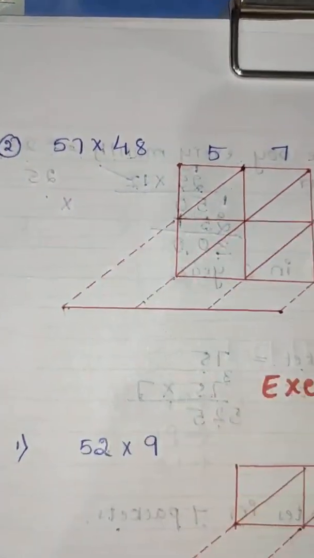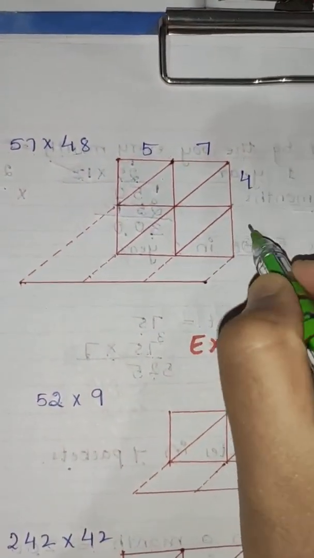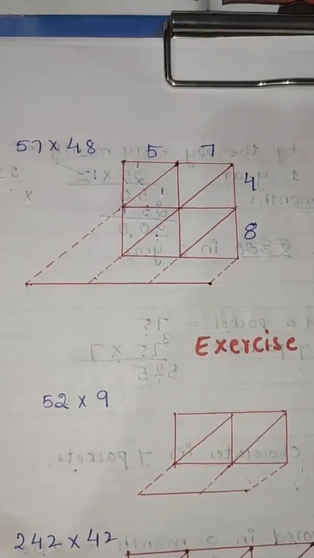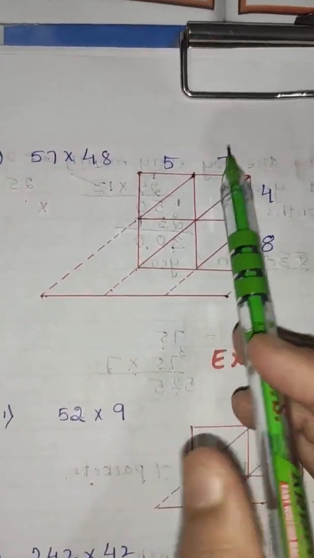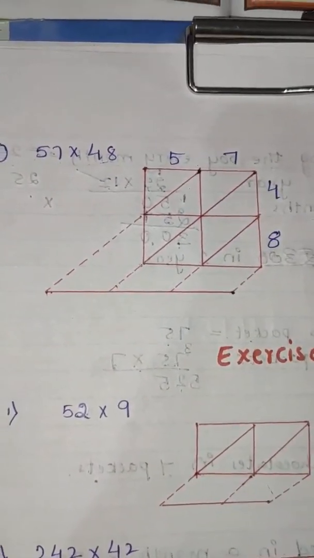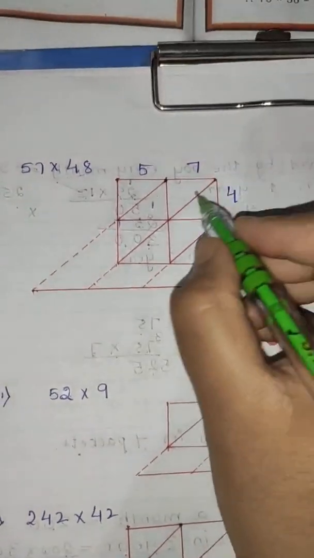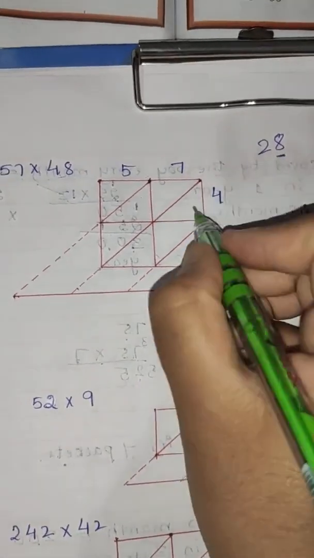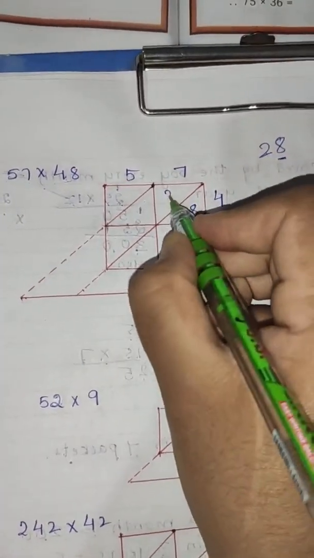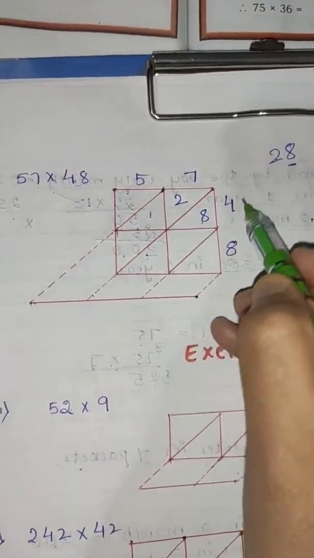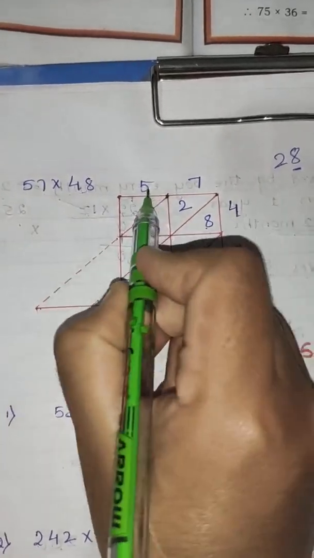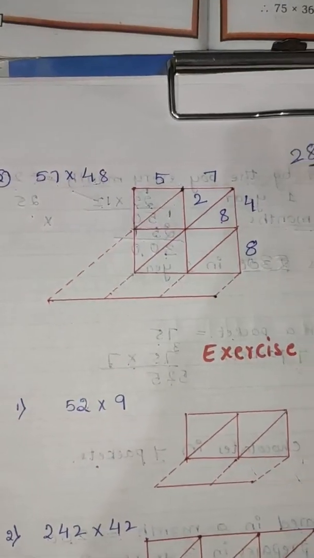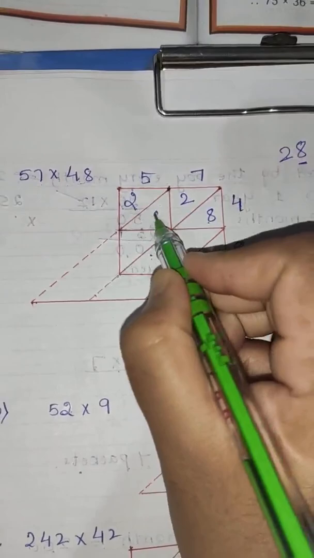And this 48 we'll write here on the right side, 48. Okay, now let's multiply it. 4 sevens are 28. So this 8 is the units and 2 is in the tens place. Now 4 fives are 20. So we'll write 20 here.